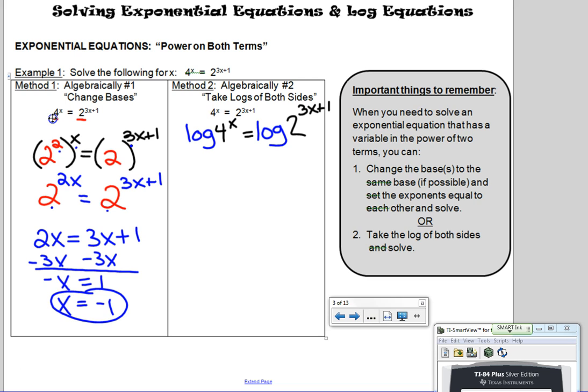So now we're going to use our log rules. We know that if we have a power on a term that has a log on it, we can bring the power in front. So now that's going to be x times log of 4 equals 3x plus 1 power times log of 2.